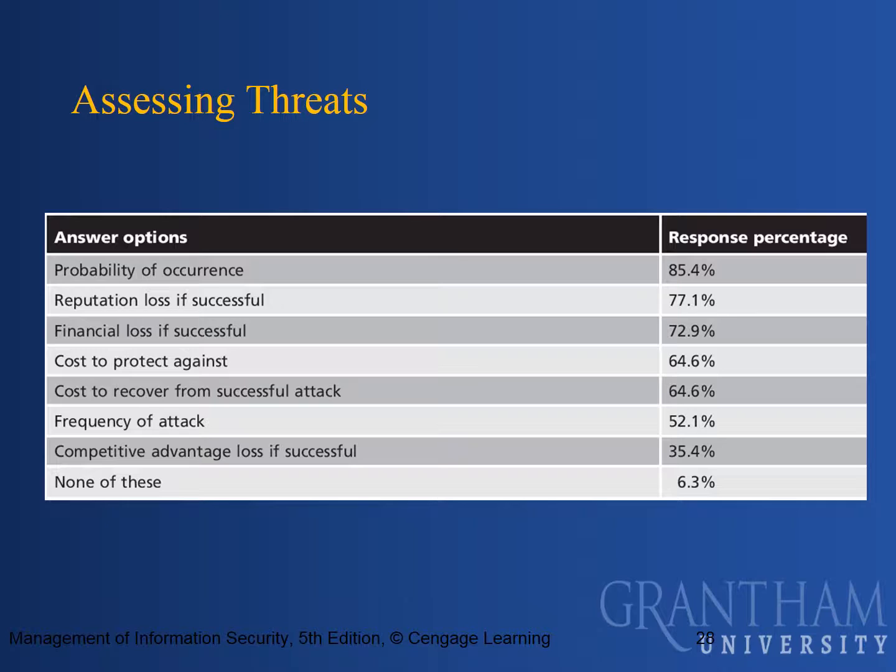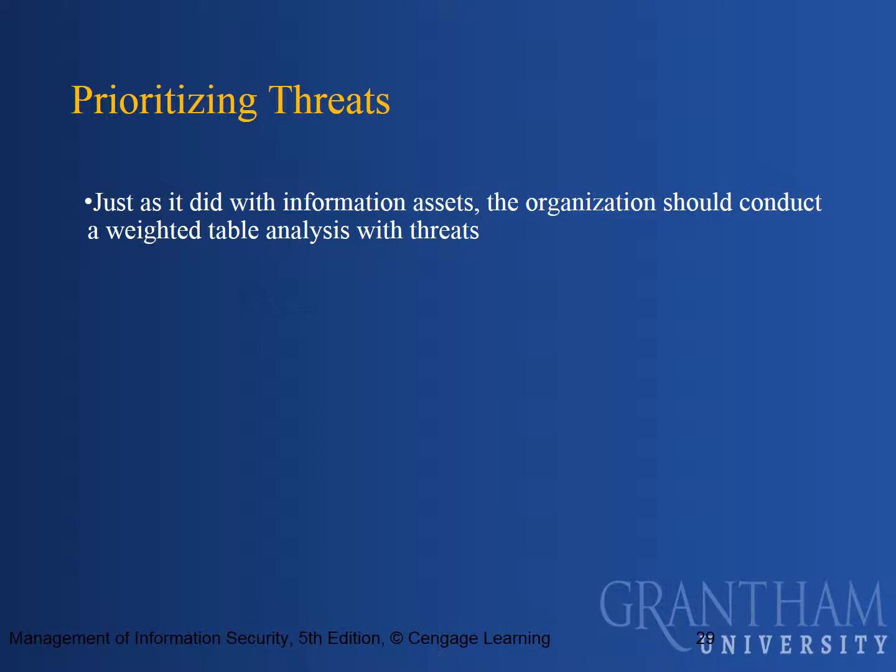As you assess the threats, you're able to give an answer to the options and the response percentage assigned. When prioritizing threats, the organization should list the categories of threats it faces, and then select categories that correspond to the questions of interest.